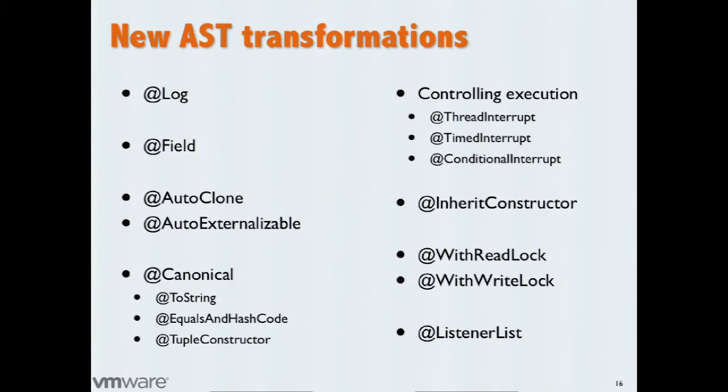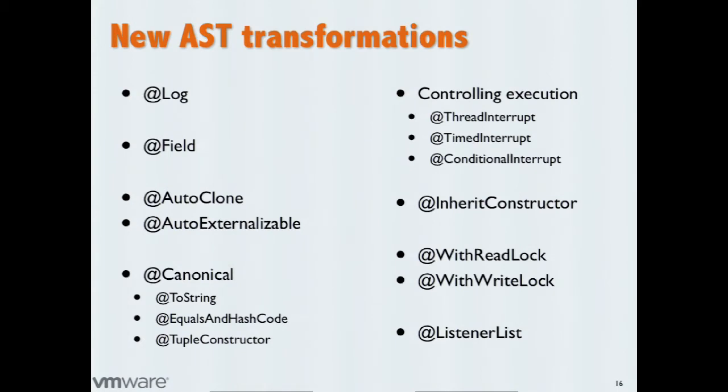some elements of your programs. For example, you can annotate a class, a method, a field, etc. And actually do some transformation before generating bytecode. We have several transformations which were new in Groovy 1.8.